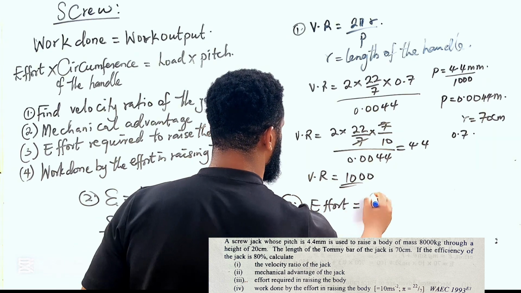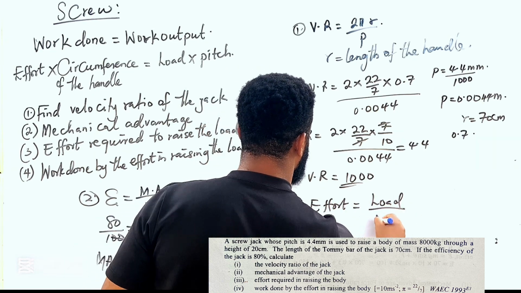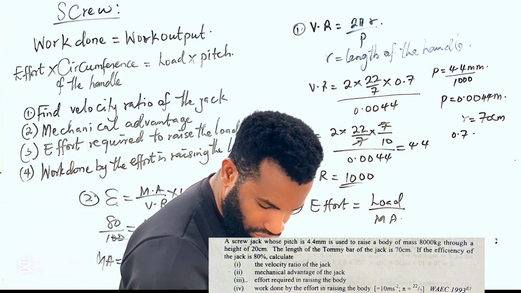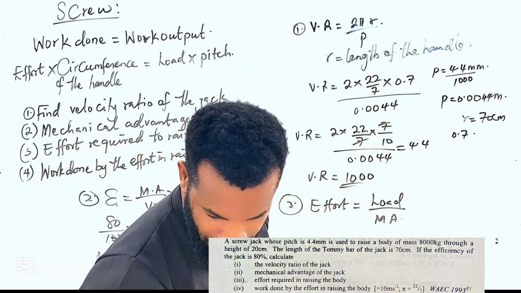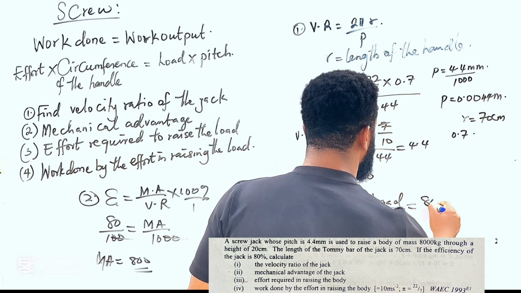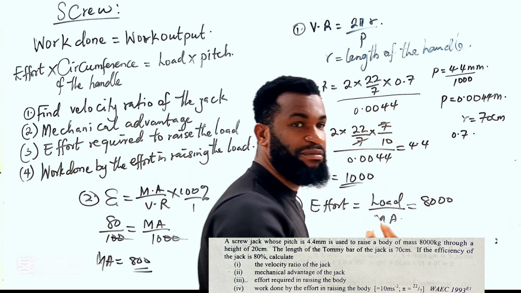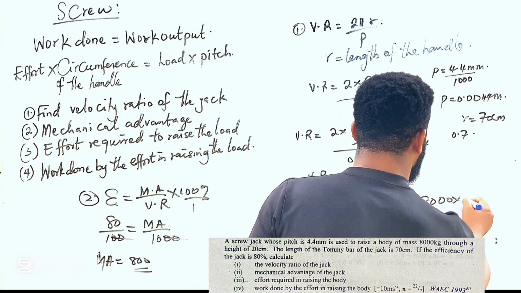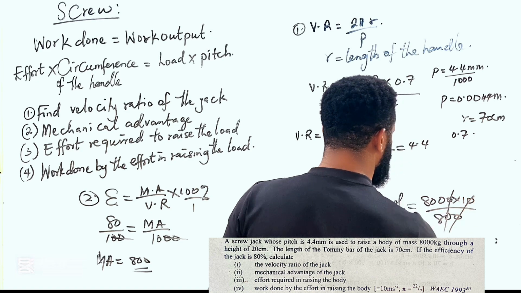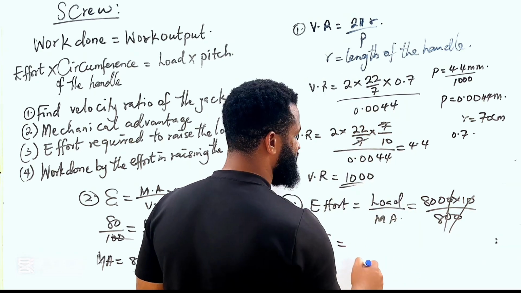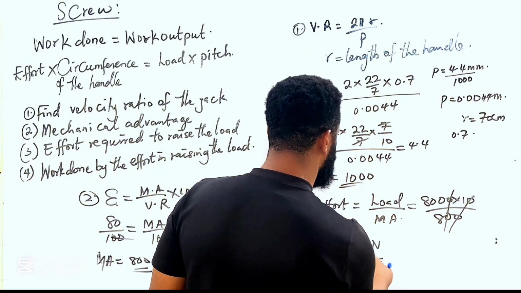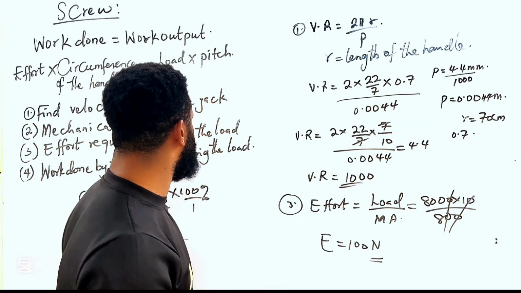Effort is given as load over mechanical advantage. Yes, load over mechanical advantage. That is my effort. So what is the load? Load is 8,000. Let me multiply it by 10 to express it in Newton, times 10, all over mechanical advantage, which is 800. This will cancel this. I have that effort is given as 100 Newton. So effort is 100 Newton.